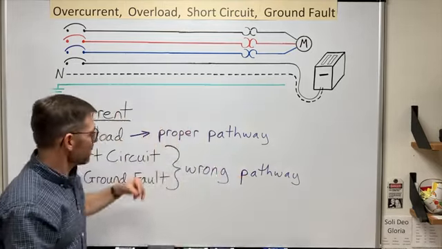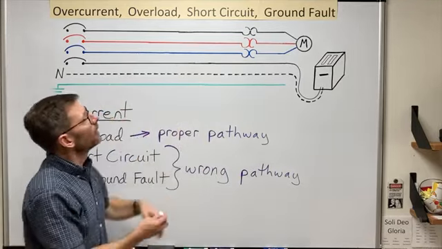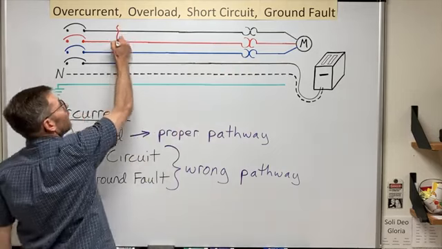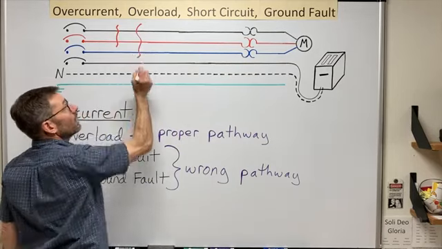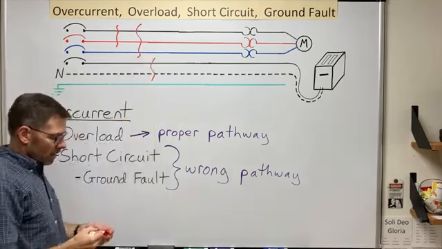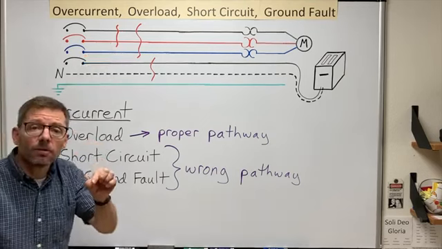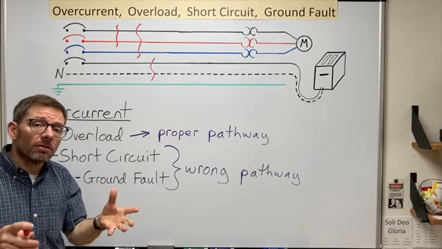The current is doing the same thing. Instead of going through the load and back, it's just taking a shortcut. It can be a line to line, or maybe line to line to line in a 3-phase system, or line to neutral. And how much resistance would there be there? Often there's very little resistance, and therefore how much current?